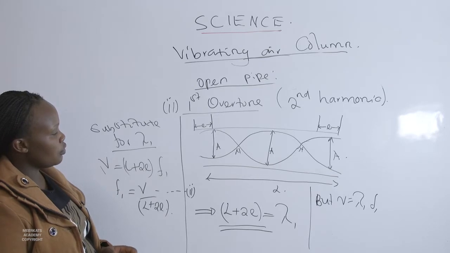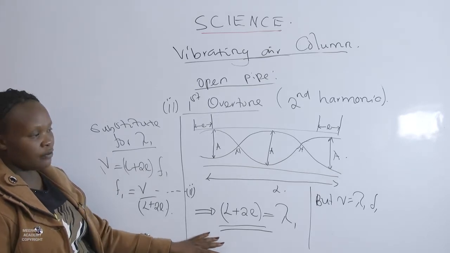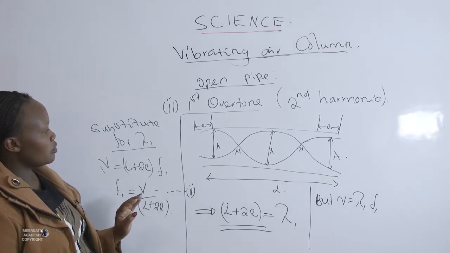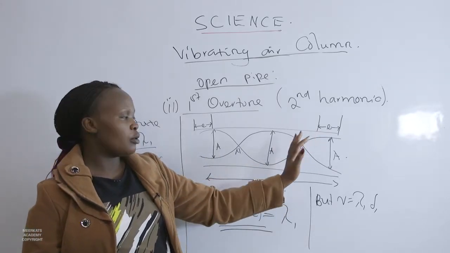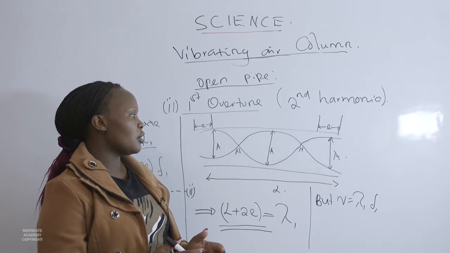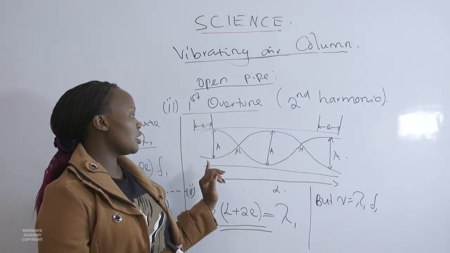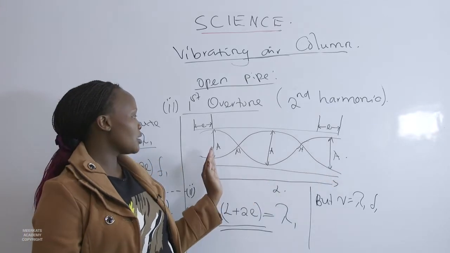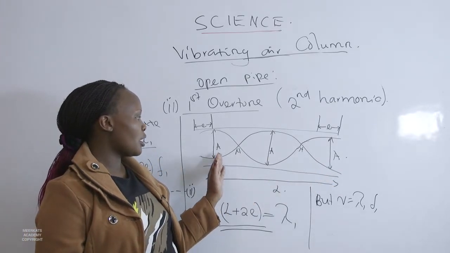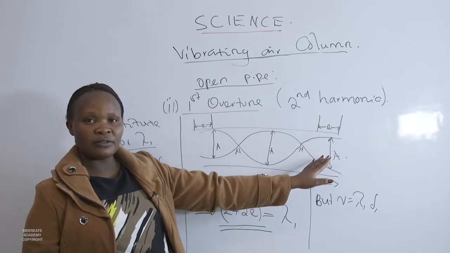Now I want to go through it again very fast. We have blown air more strongly into the open pipe, so that now we have generated a full wave which has a crest and a trough.